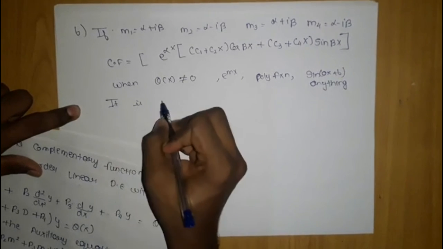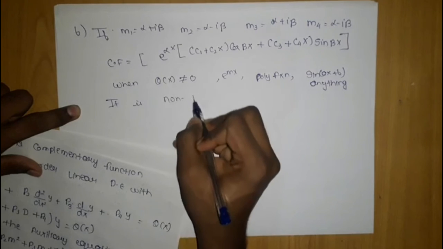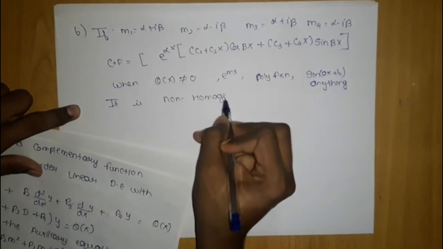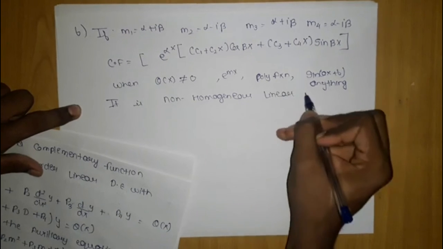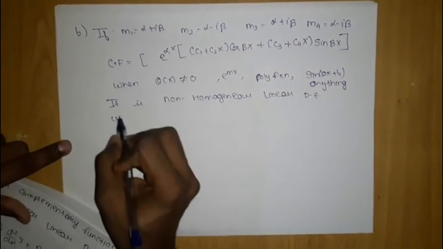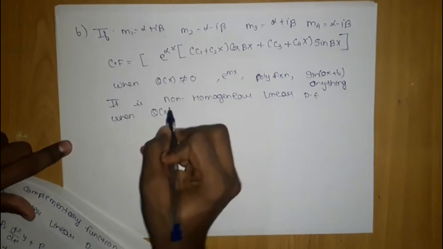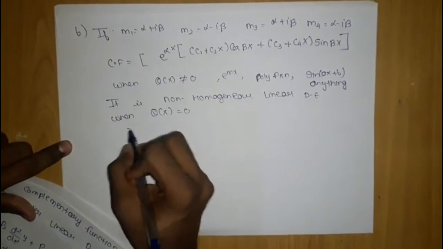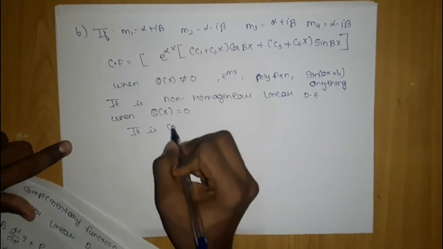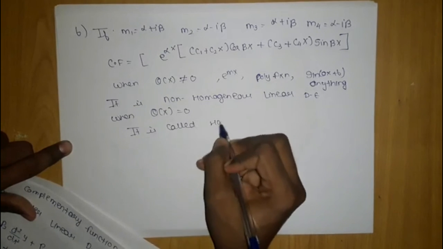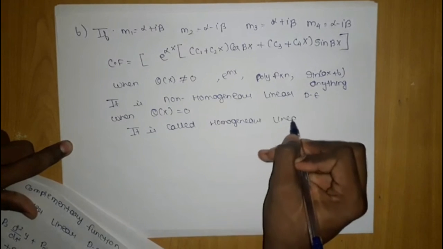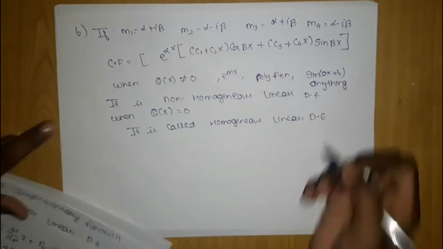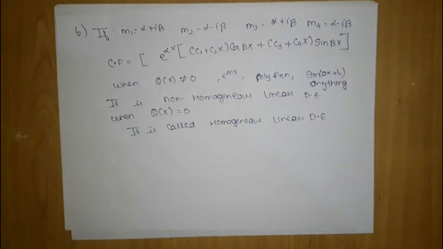This equation is called a non-homogeneous linear differential equation. But when q of x is equal to 0, it is called a homogeneous linear differential equation.